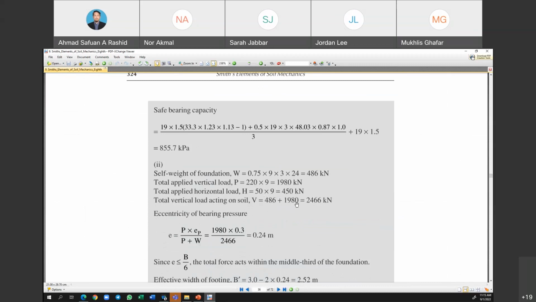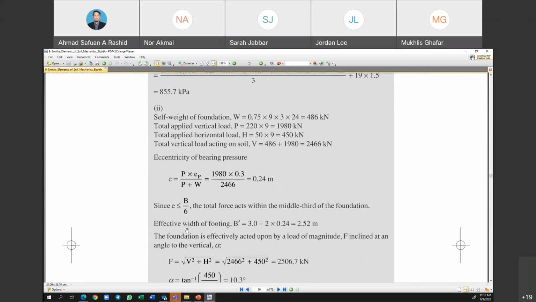So then P is given by 1980. And P plus W is 2466. The 1980 times 0.3, so the e is less than P over 6, or within the middle third of the foundation.